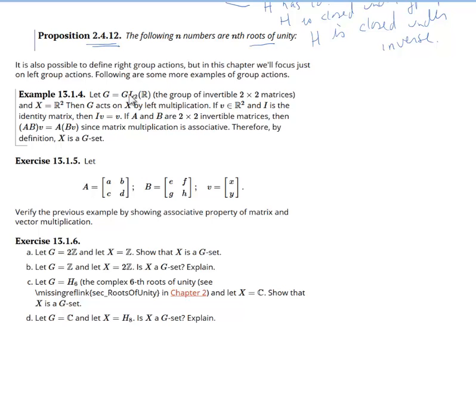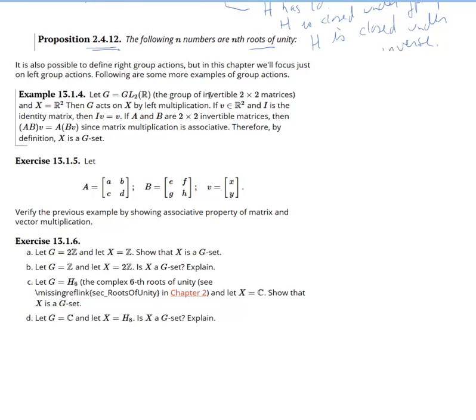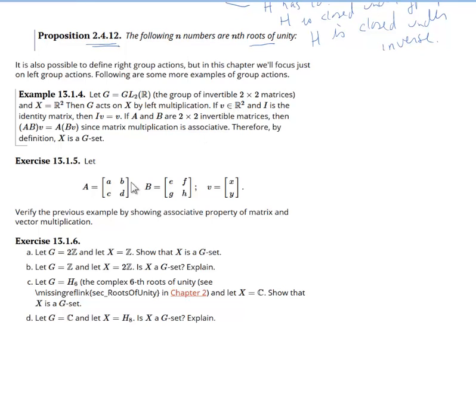If you have a matrix, let's specify the group of invertible 2x2 matrices, which is a group. Now these act on vectors. We know that we can multiply matrices by a vector and get another vector. If we have two matrices, we multiply them one after the other and get the result acting on the vector.